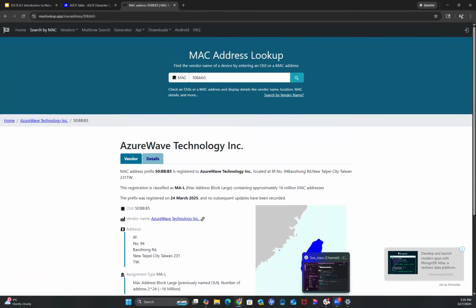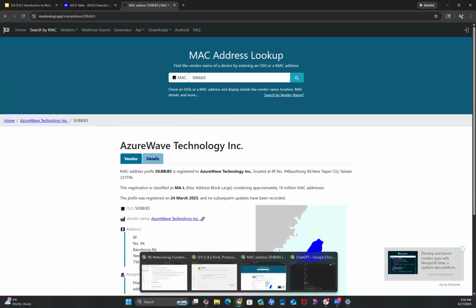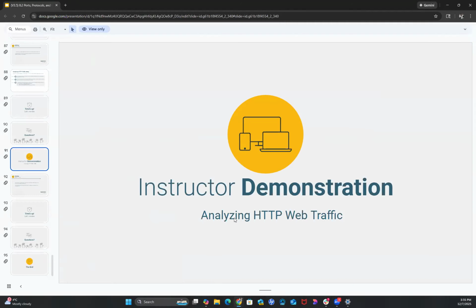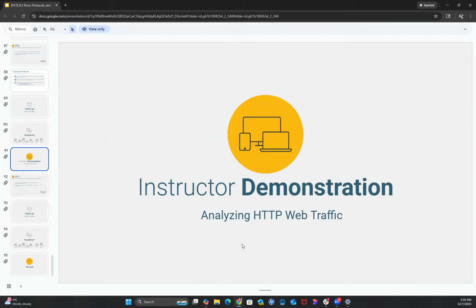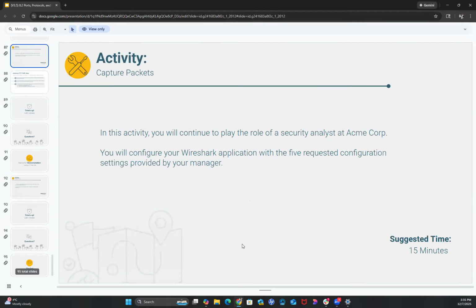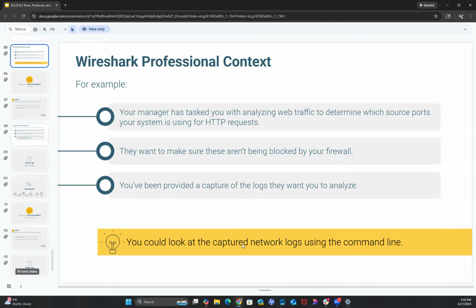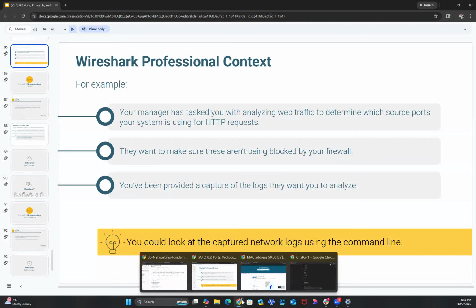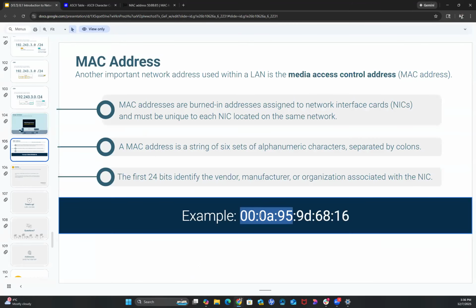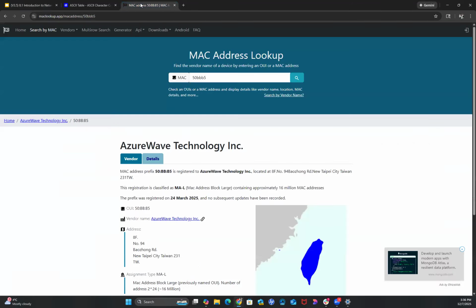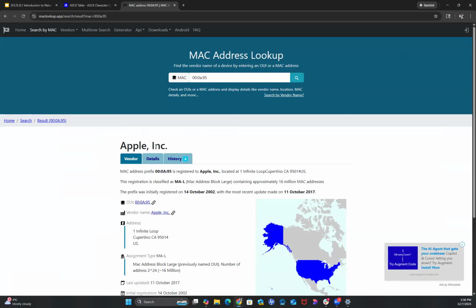If we check another one, this is the vendor, and his name is Apple.